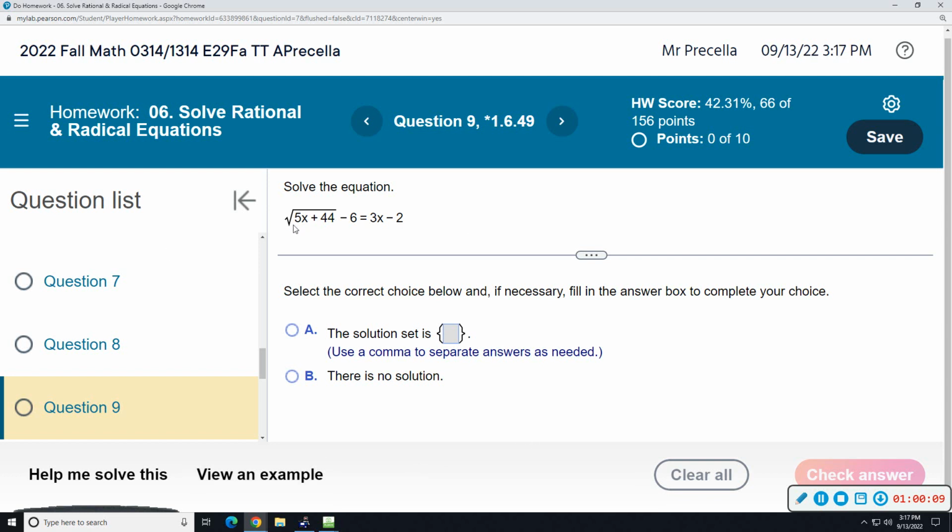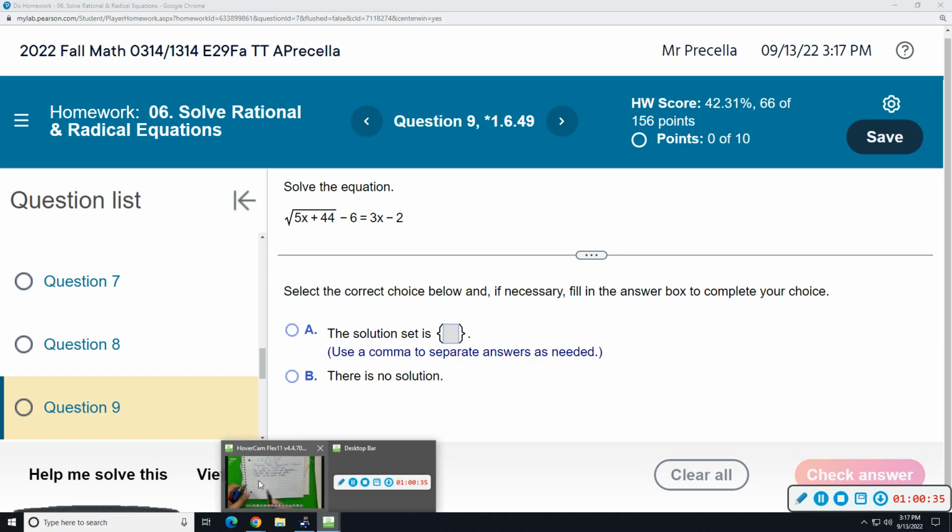First thing we're going to have to do is get that big square root symbol by itself. Hey, there's a -6 there. So what are we going to have to do to get rid of that -6 on the left side? Okay, so that's what he means. Now, if there's more than one radical, you have to isolate a radical. Maybe you'll isolate them both at the same time.